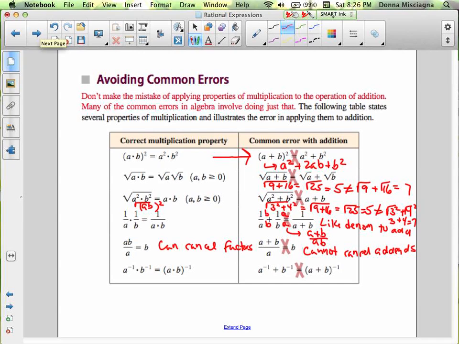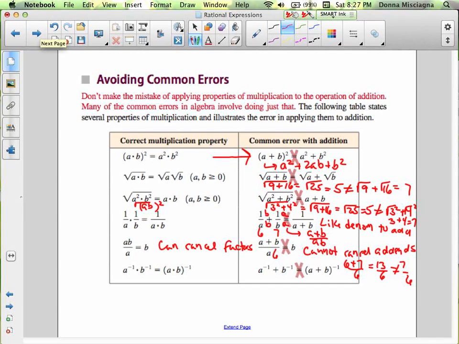Let's make a 6 and b 7. If we had 6 plus 7 over 6, that's 13/6. It's not equal to 7/6. So you can see that that's not true. You can't just cancel add-ins.